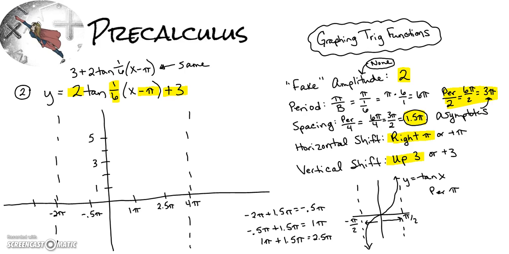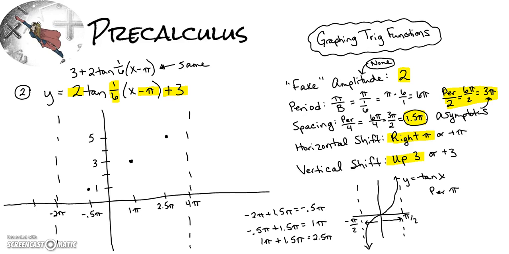So what happens over here is our first point is at the lowest part of our amplitude. So that would be there. Our in-between point is at the middle at the 3. And then our final point is at the top at 5.